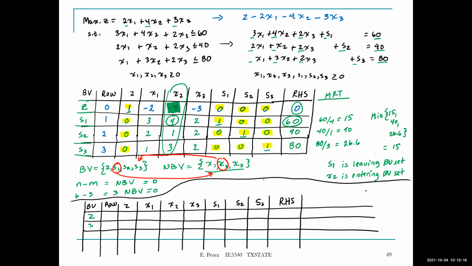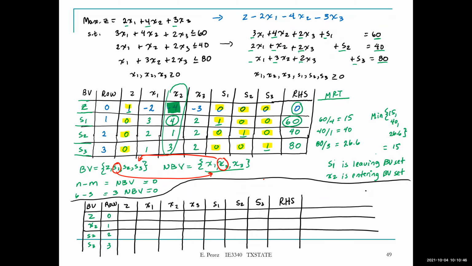X2 is going to take that place now. So X2 is going to take the place of S1. And I'm identifying that here. The S1, S2, and S3. Now I know that X2 is going to enter, S1 is leaving. So X2 is entering here. And then I have S2 and S3. This is 0, 1, 2, and 3.